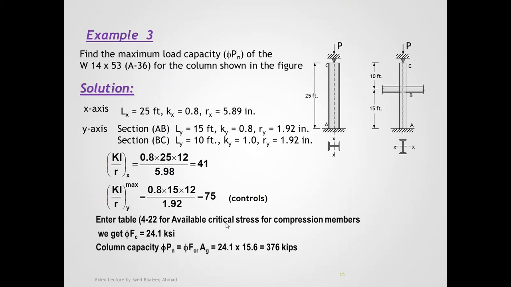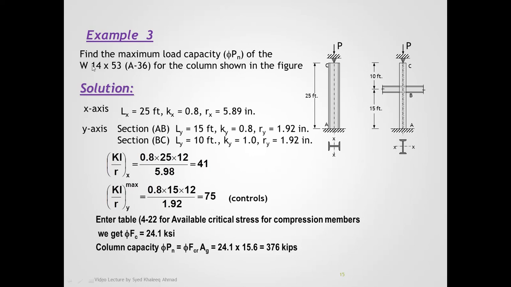Now we go for one more example where you will see that there is lateral bracing, but not at the same distance as in the previous question. Here from A to B it is 15 foot, but from B to C the length is 10 foot, and this is about a different axis.